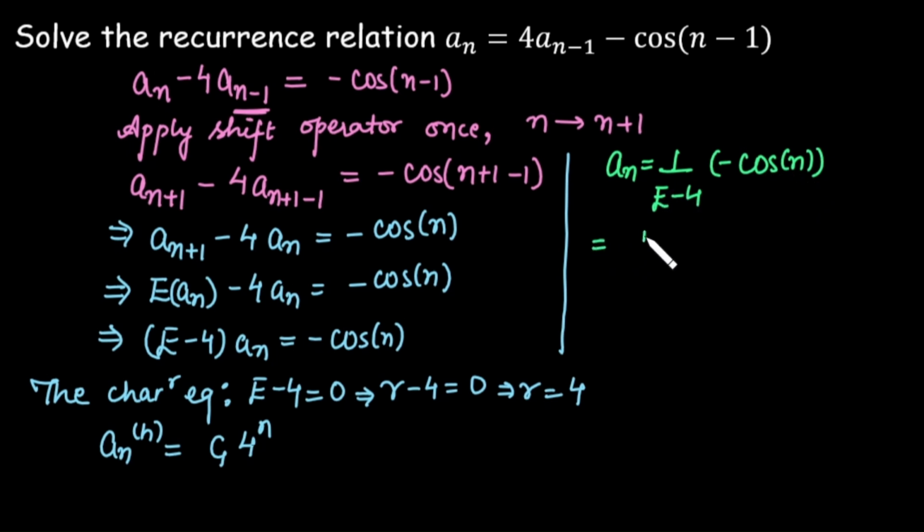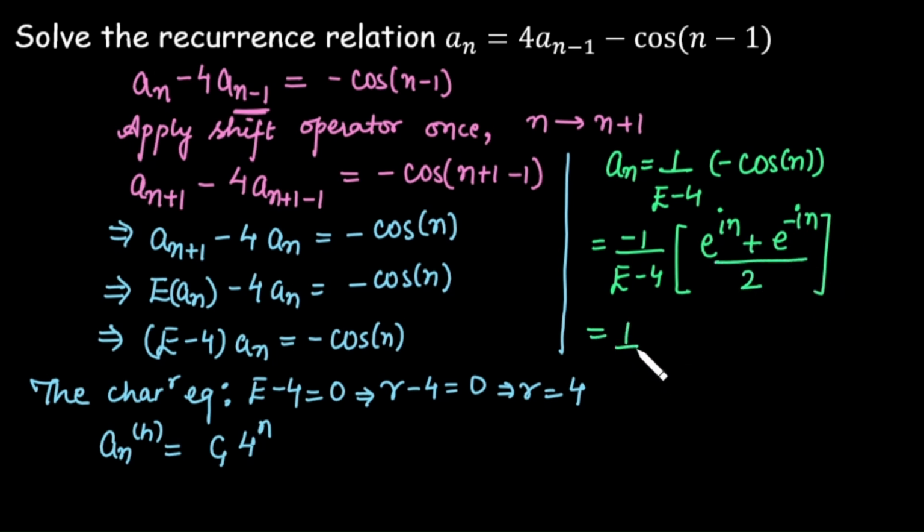So we can write this as equal to 1 by E minus 4, negative sign outside, e raised to power iota n plus e raised to power minus iota n, divided by 2. Take 1 by 2 outside with the negative sign and take this operator inside. So we can write 1 upon E minus 4 e raised to power iota n plus 1 upon E minus 4 e raised to power minus iota n.